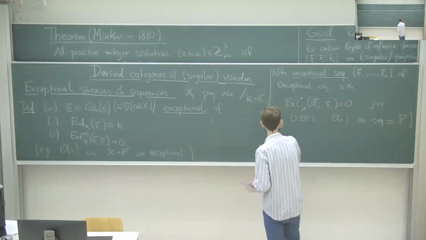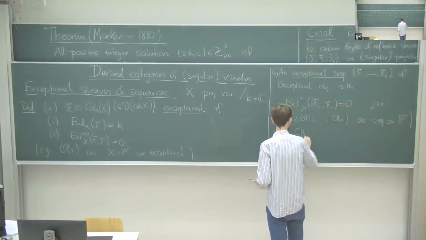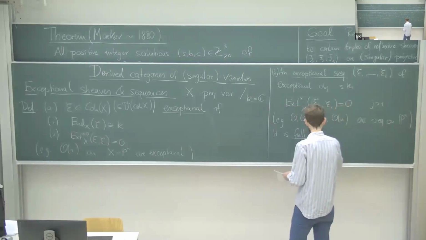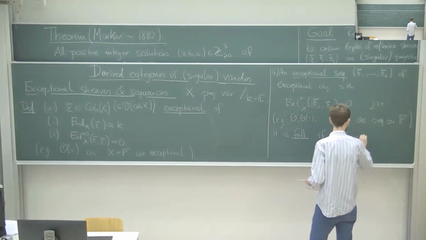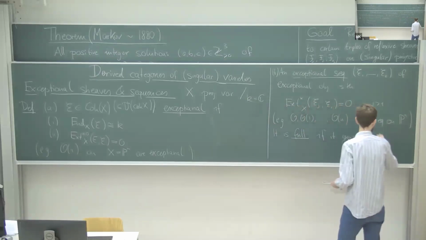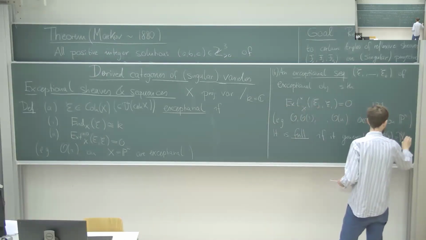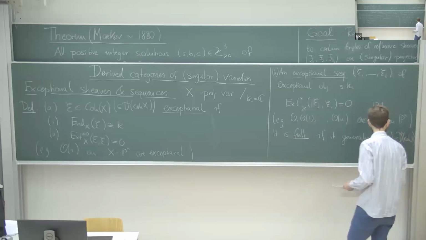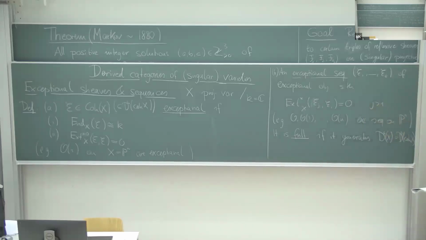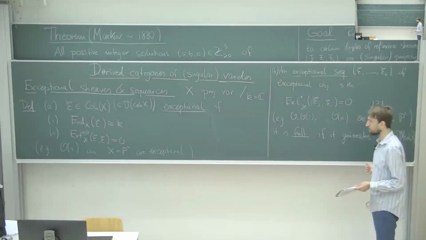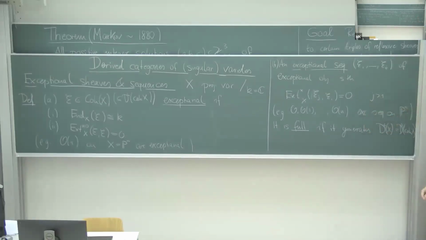Okay. So such an exceptional sequence is called a full exceptional sequence if it generates the bounded derived category of coherent sheaves on X. What does that mean? Well, roughly that means that objects in here are bounded complexes of coherent sheaves.